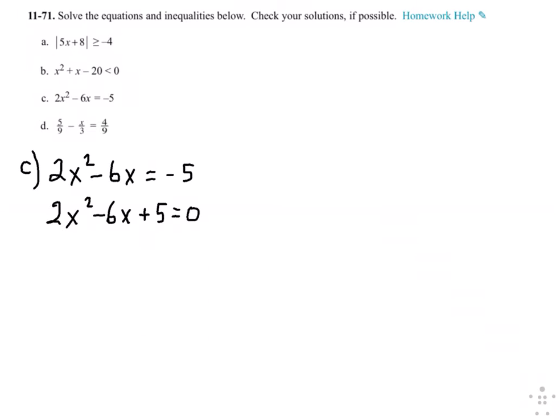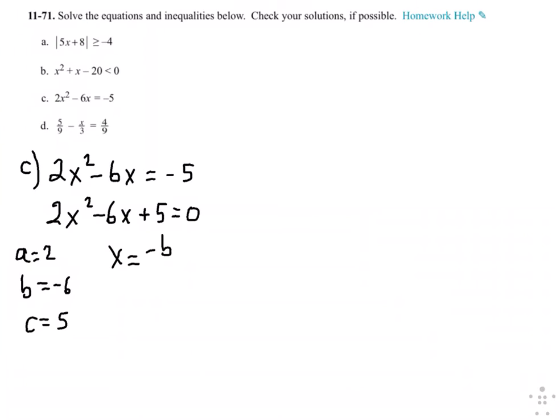Then I multiply the first and last and get 10, and none of the factors are going to give me that -6. So we're forced to use the quadratic formula, or completing the square, but let's use the quadratic formula. So a is 2, b is -6, c is 5.